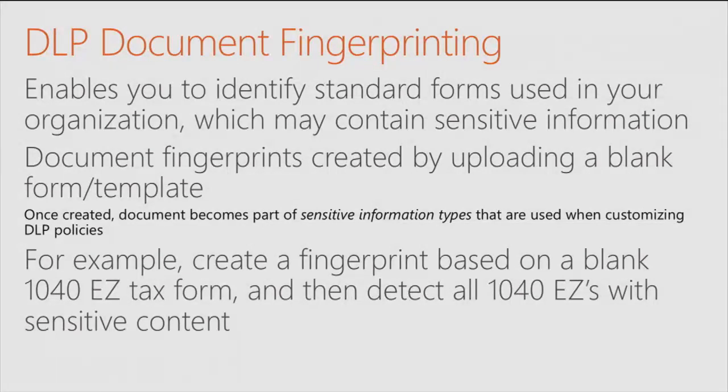So as an example, you could import the IRS tax forms, the 1040 forms, and have DLP understand those as a sensitive content type. So if any of those tax forms are filled out in that format and transmitted through the mail system, DLP fingerprinting can find them and then enforce DLP policies against them as well.